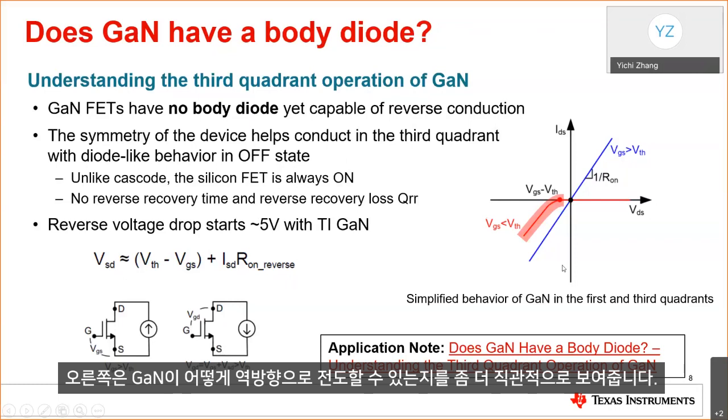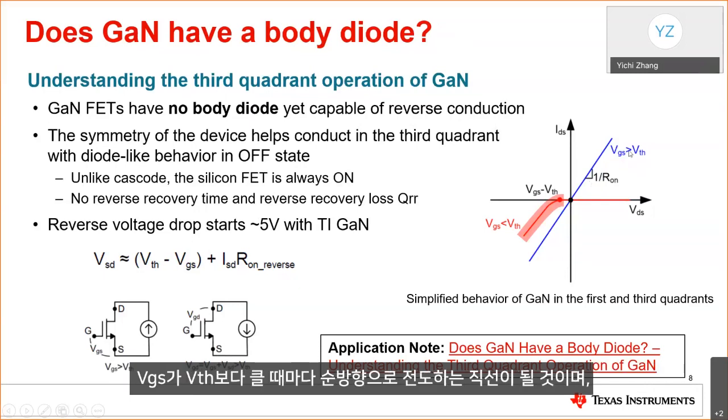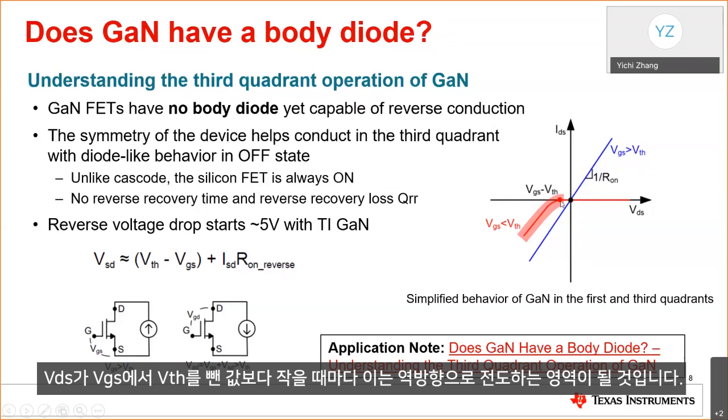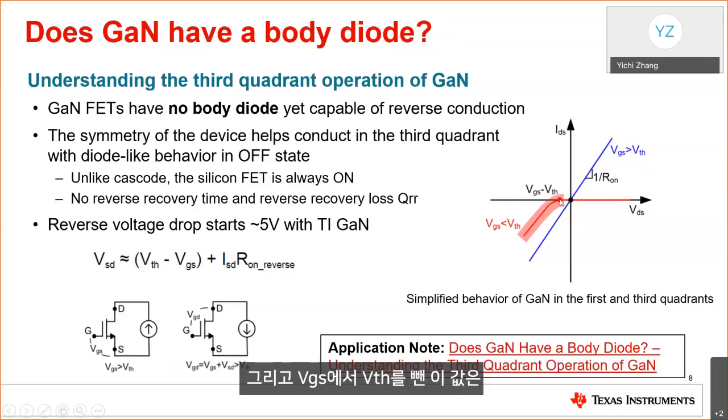On the right is a more intuitive way of seeing how GaN can conduct in the reverse direction. Whenever you have VGS greater than VTH, it's just going to be a straight line conducting in the forward direction. And whenever VDS is less than VGS minus VTH, this will be the region where you will be conducting in the reverse direction.